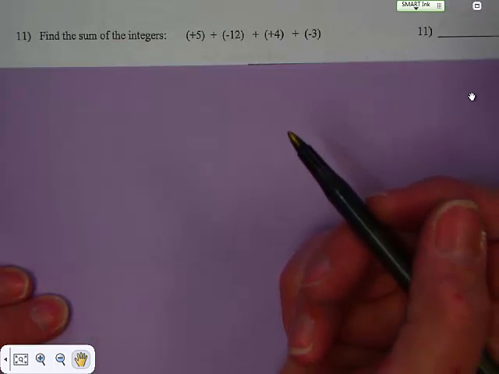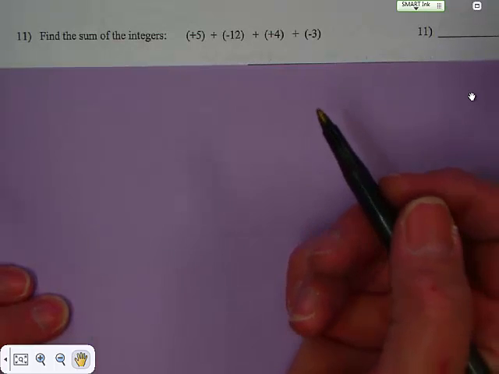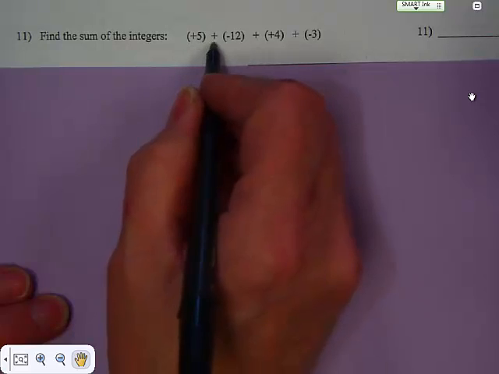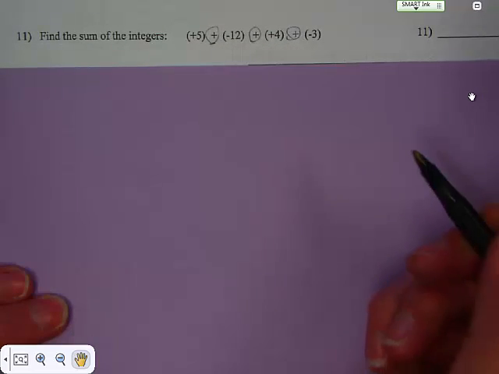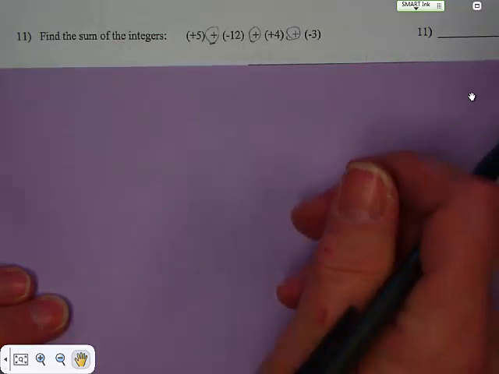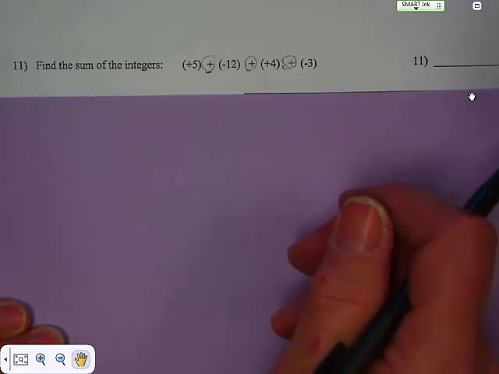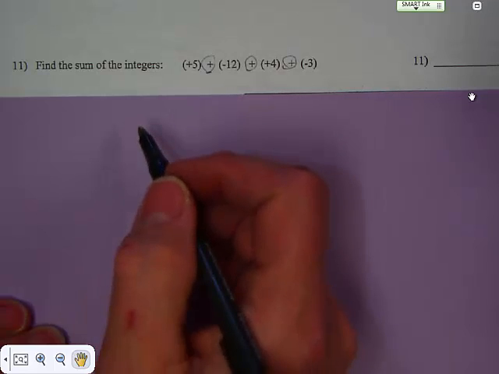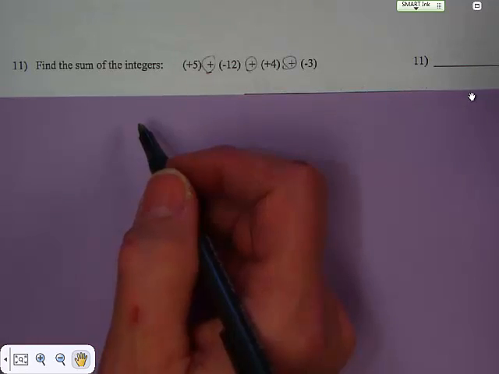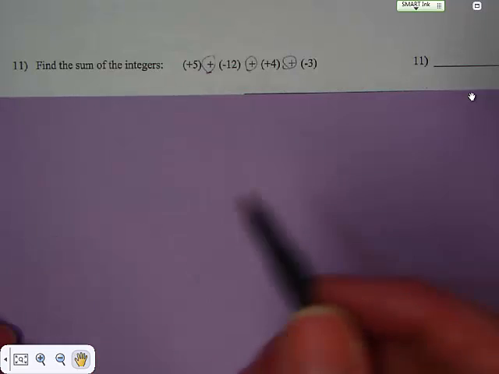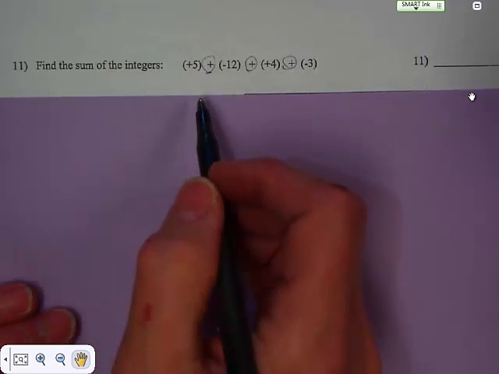Okay? So number 11 says find the sum of the integers. Notice that all of these are pluses in here. Plus and plus and plus. Which means that you could rearrange the order of the integers so that you are able to look at them, and I would match together the positive integers and the negative integers and then do your final addition or subtraction or whatever you need to do.